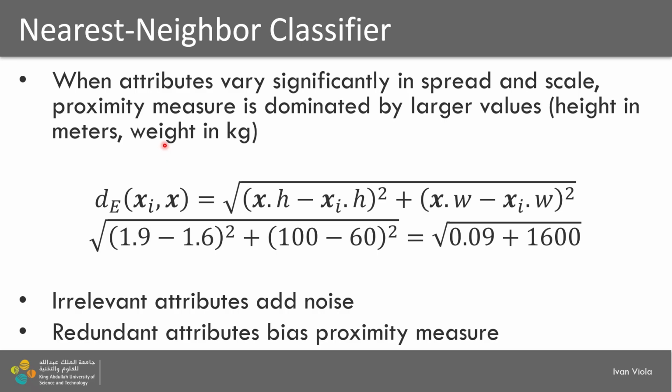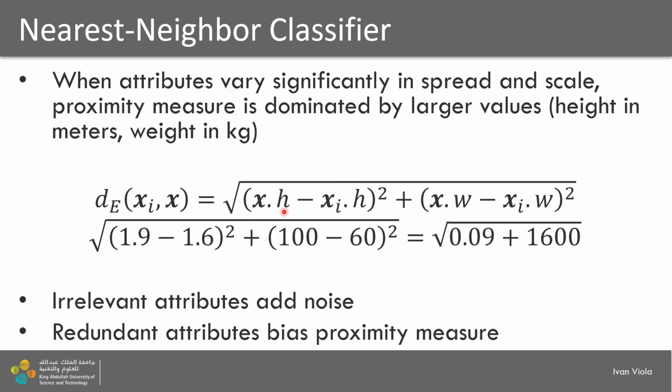So we have a spread in meters of 1.5 to 1.9, while for the weight we have a spread of let's say 45 to 150, which is much larger spread. So if we have such a situation, that might become problematic for our distance measure. Have a look at what might happen here if we use the Euclidean distance, where we are basically calculating the distance between the two measurements.